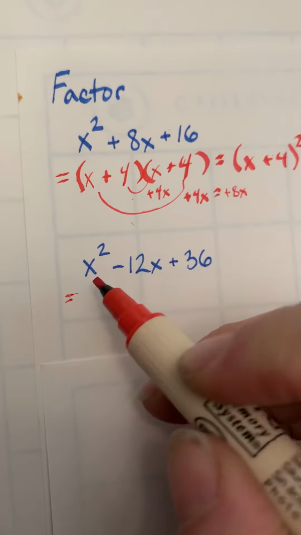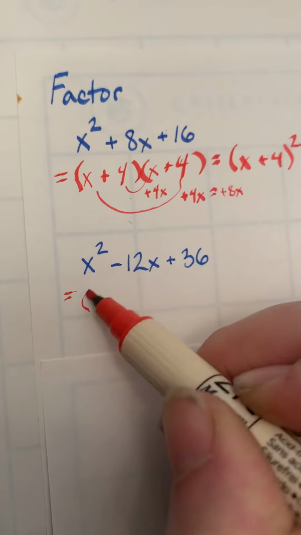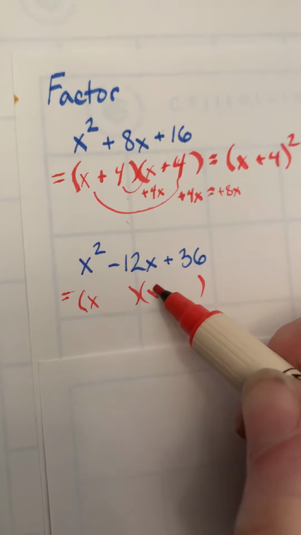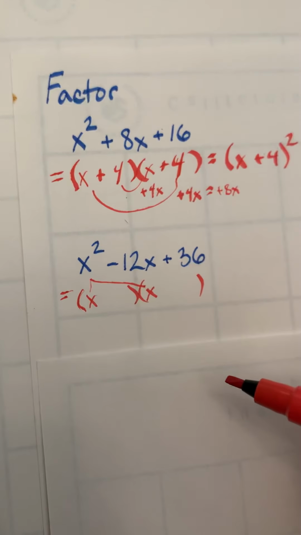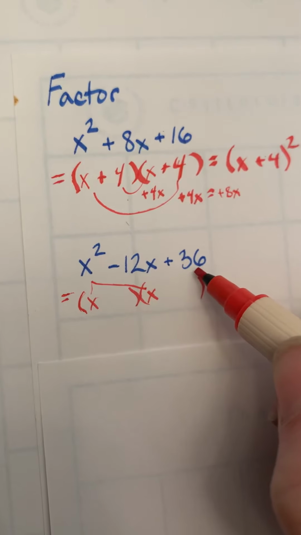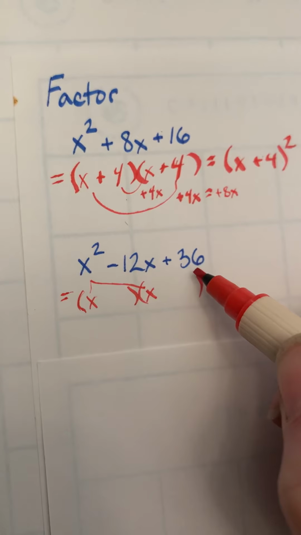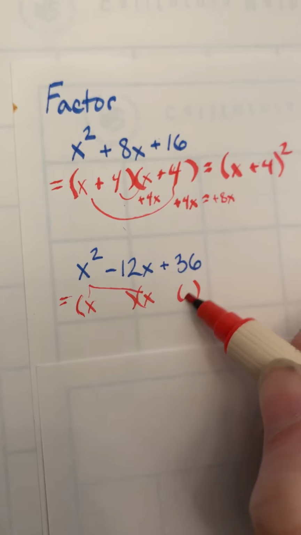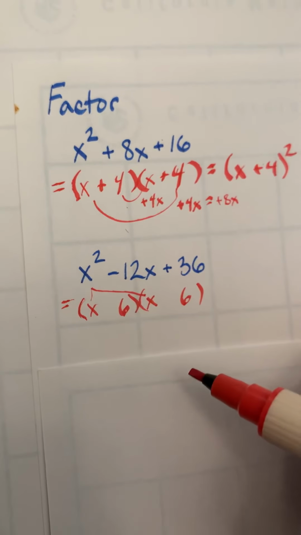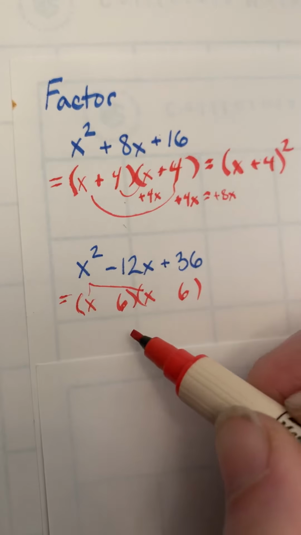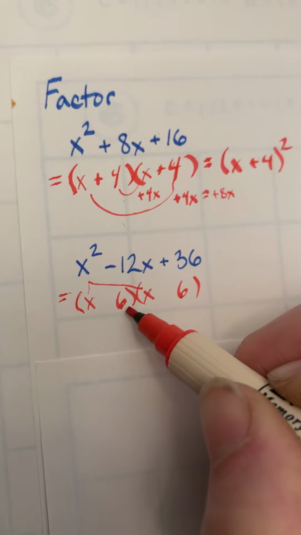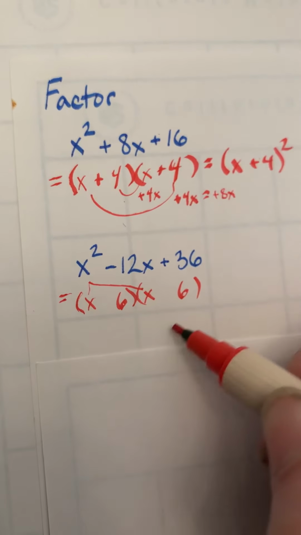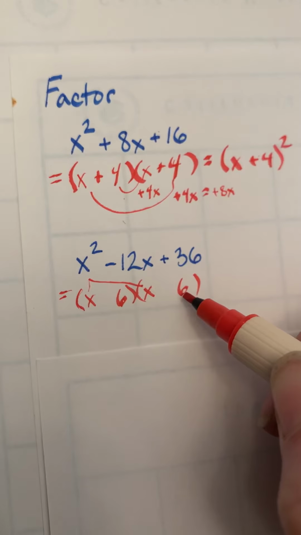So once again, greatest common factor is 1. x times x will give me x squared. To get the 36, we can have 1 and 36, etc. We're going to use 6 and 6. If I multiply 6 times x, I get 6x, and 6x times 6, I get, again, 6x.